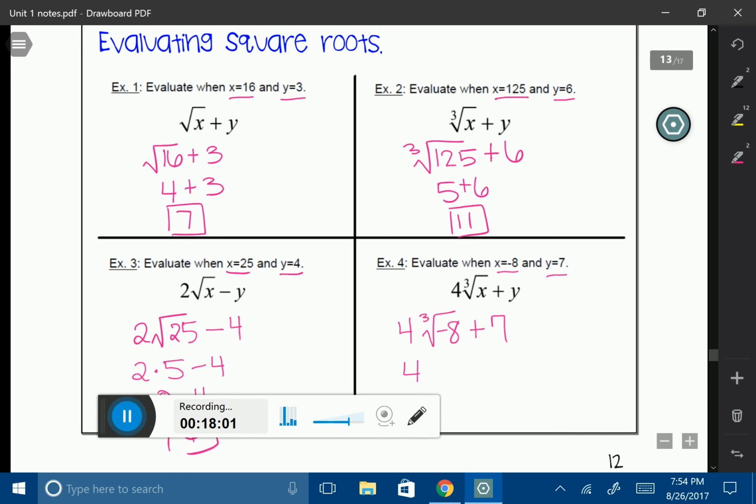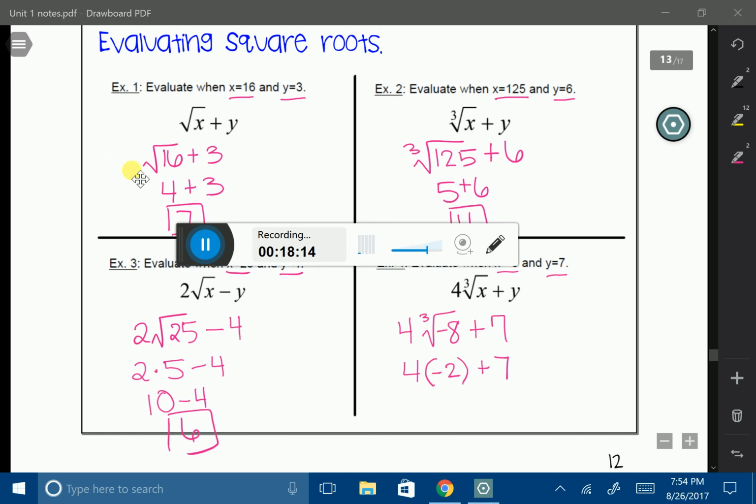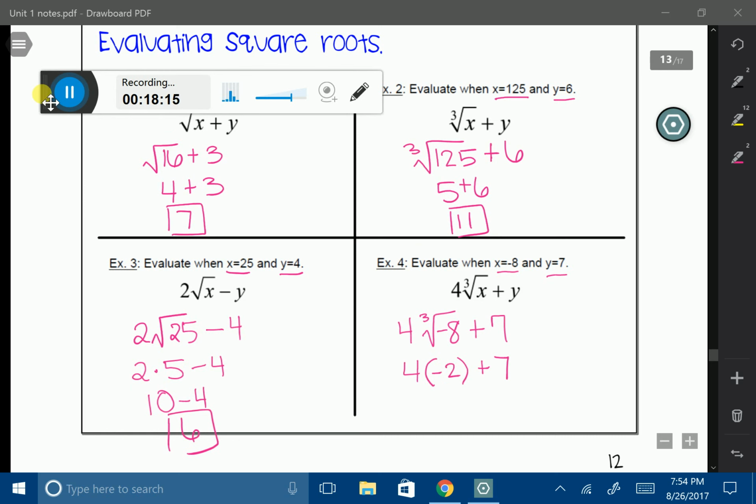So I'm thinking negative 2 times negative 2 is 4, and then 4 times negative 2 is negative 8. So we're going to multiply it by negative 2 plus 7. All right, multiplication, negative 8 plus 7. Using our integer skills, negative 8 plus 7 is going to be negative 1.